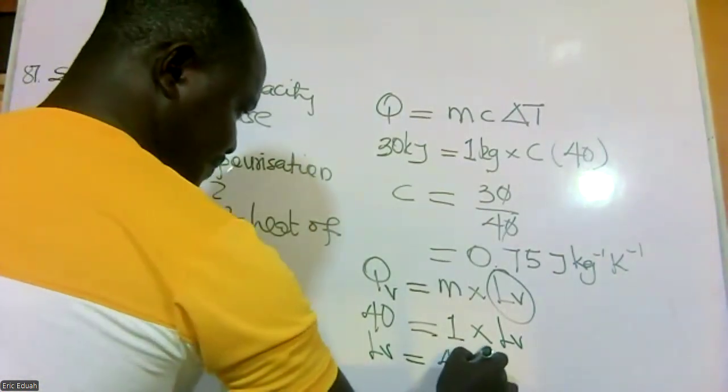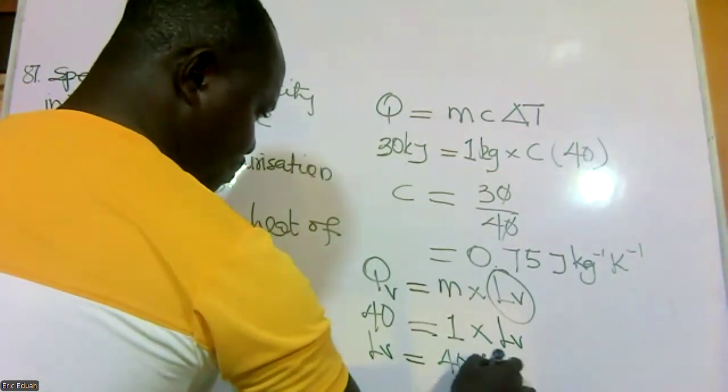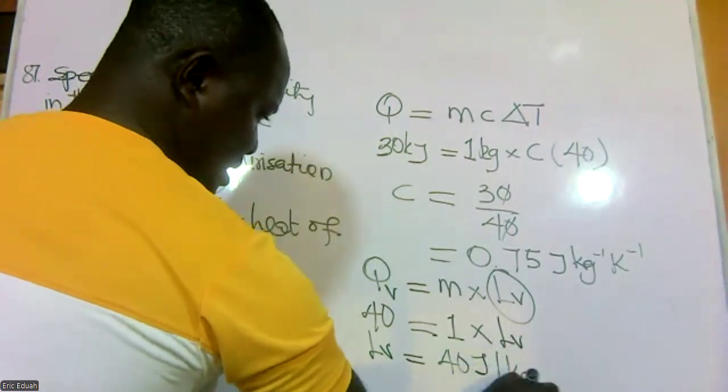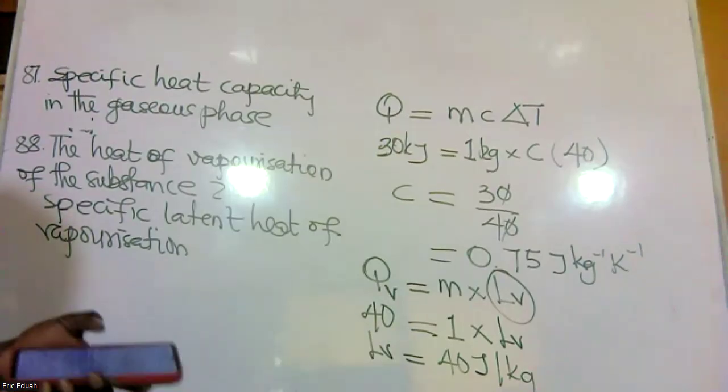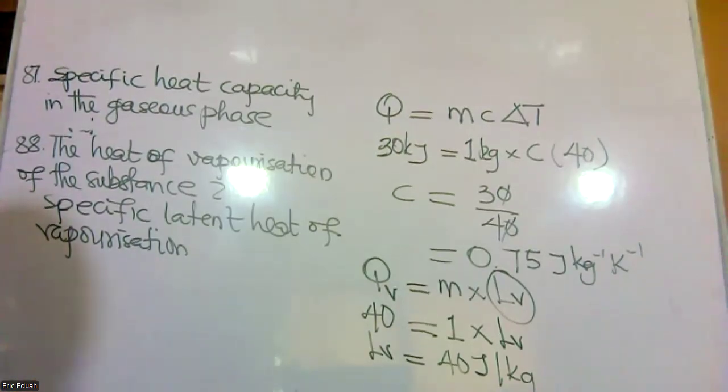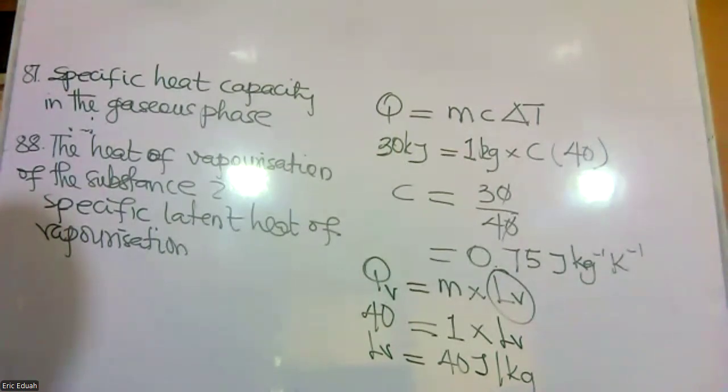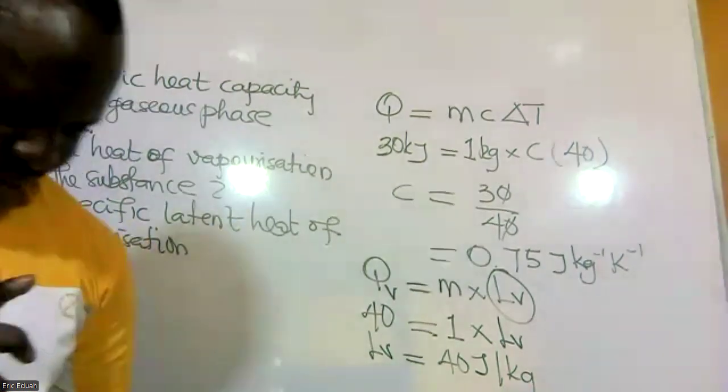So 40 joule per kilogram. Who else had 40 joule per kilogram? None of you. Okay, let's go through the question.